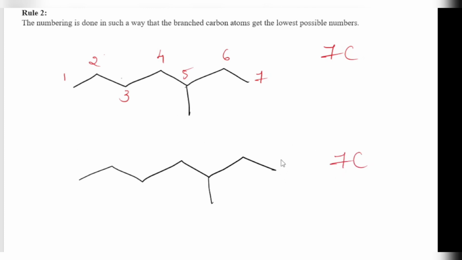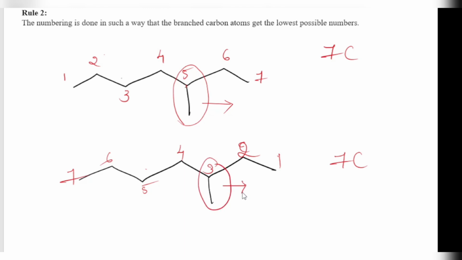But here what I will do is give numbering from this end, that is from right to left. This is carbon number 1, carbon 2, 3, 4, 5, sorry, here 2 I have to write, 6 and 7. Now what is the side chain over here? It is attached to carbon number 5 in the first case, and to carbon number 3 in the second case.